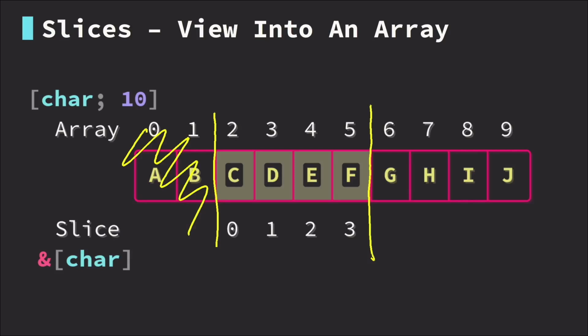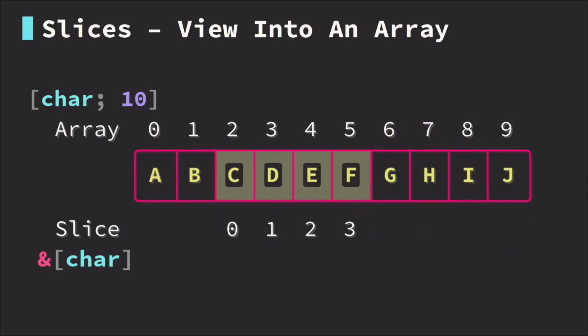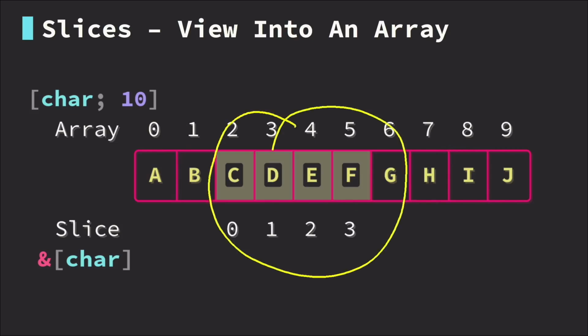All this stuff outside of this slice, as far as the slice is concerned, no longer exists. So we have C, D, E, and F, and those correspond to indexes 0, 1, 2, and 3. The array still exists even though we sliced it, because remember, a slice is just a view into an array. So we're just viewing this one chunk of the array.